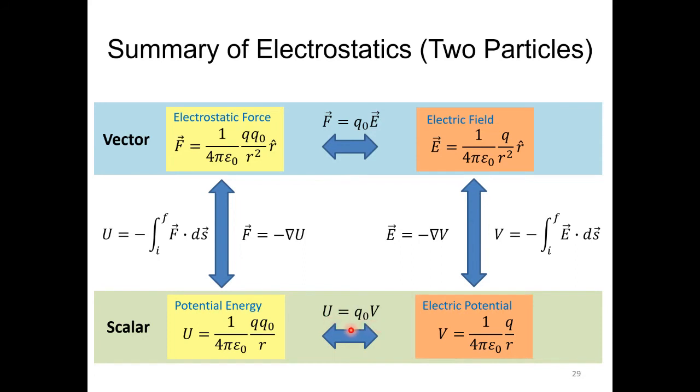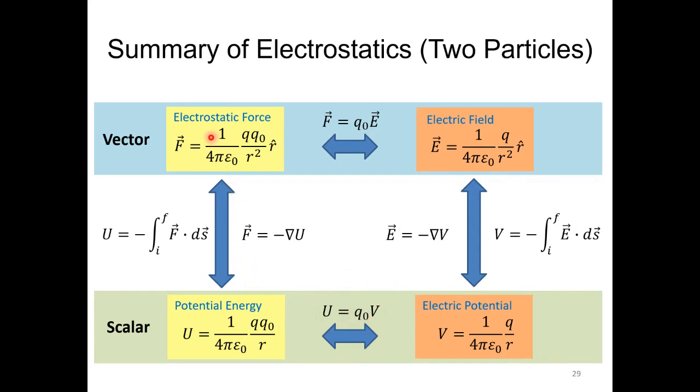They are just multiplying Q0 by the electric potential, and then you get U. They are just proportional to each other.